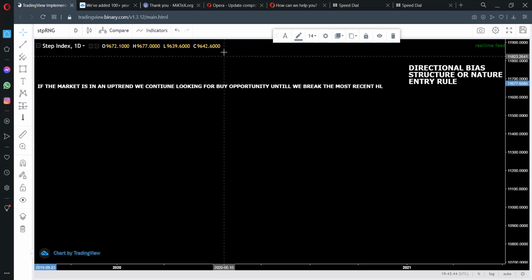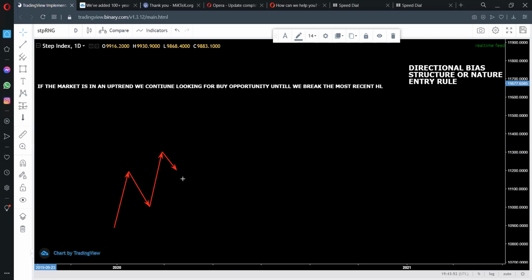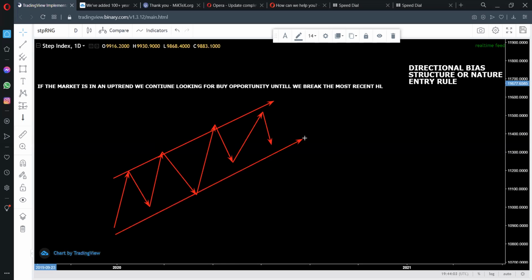So let's say the market is in an uptrend like this. What we do is continue looking for buying opportunity until we break the most recent higher low.